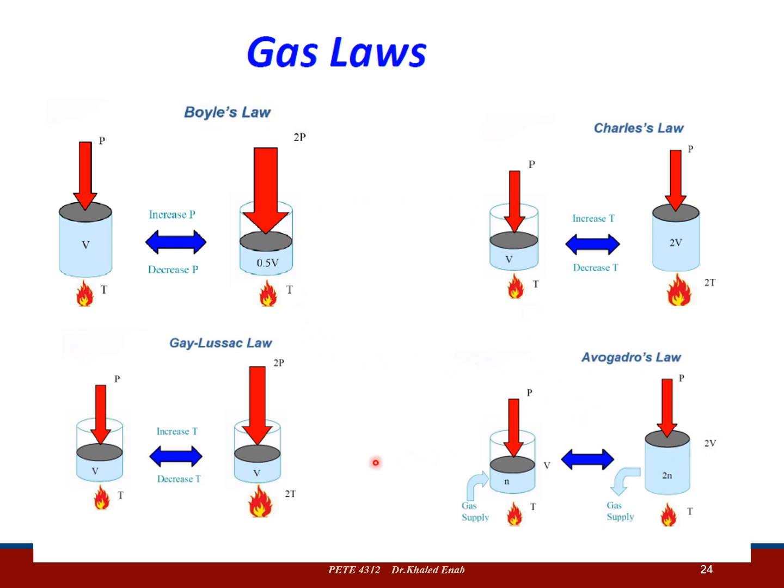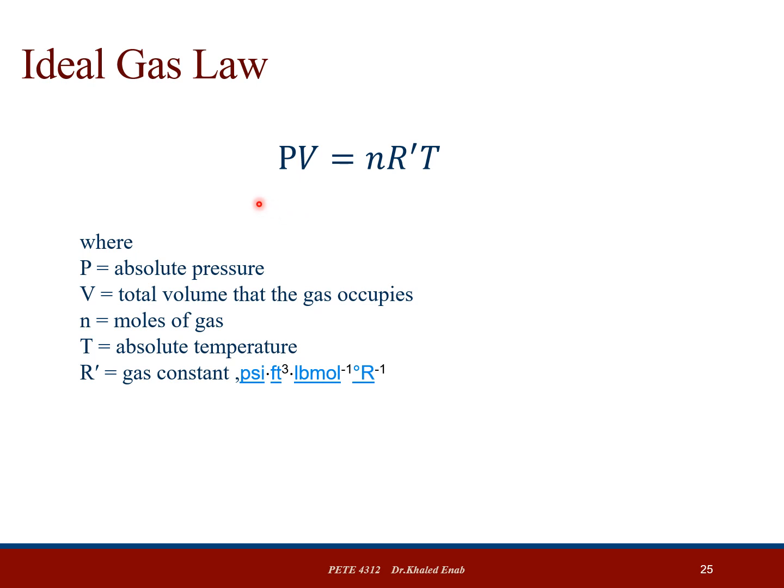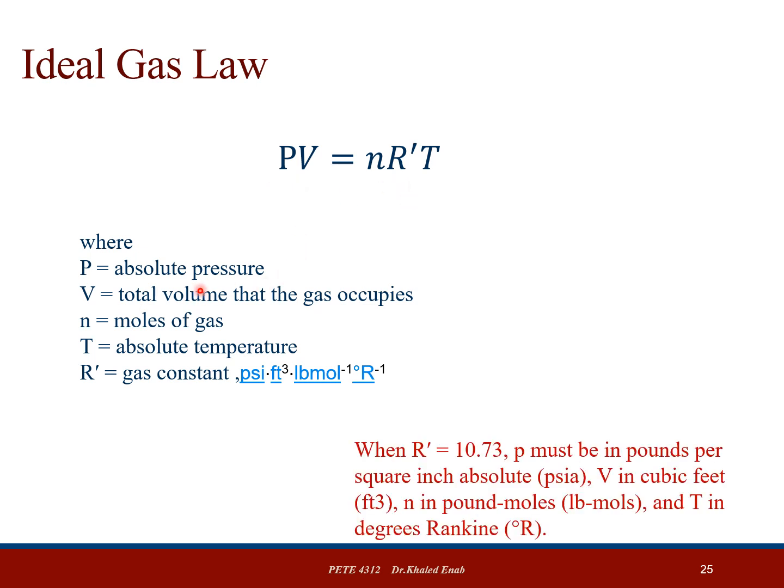Considering those four factors, we can get an equation of state which links the pressure, volume, and temperature to the number of moles. The ideal gas law states that PV equals nRT, where P is the pressure, V is the total volume that the gas occupies, n is the number of moles of gas, T is the absolute temperature, and R is the gas constant.